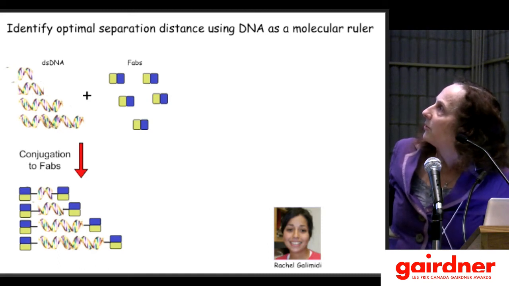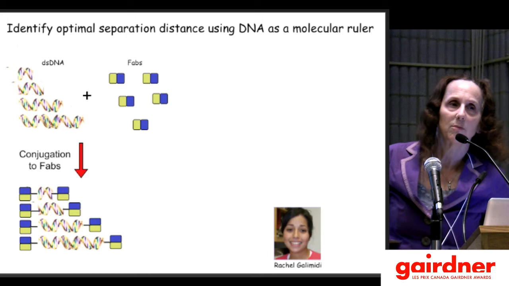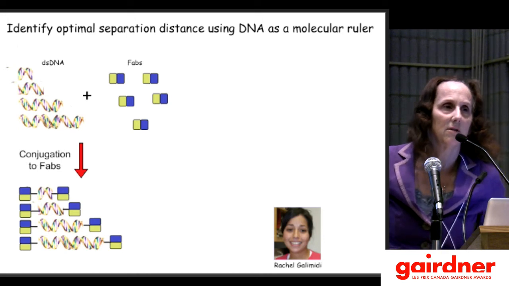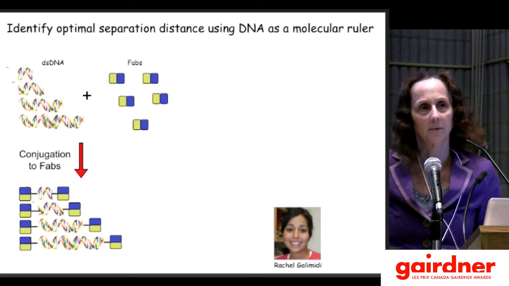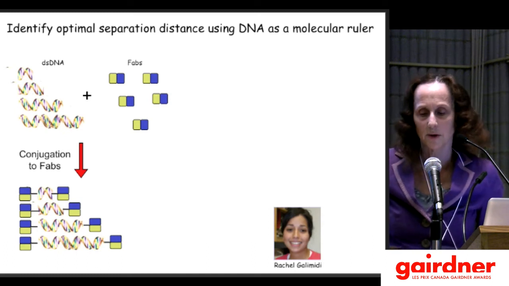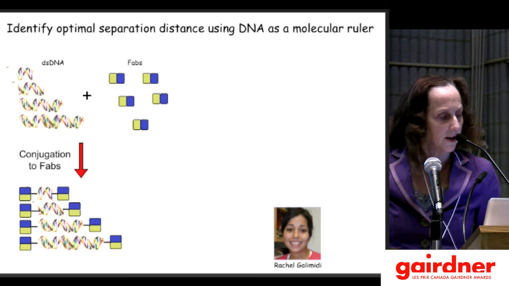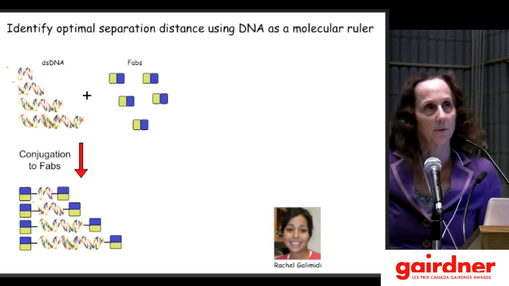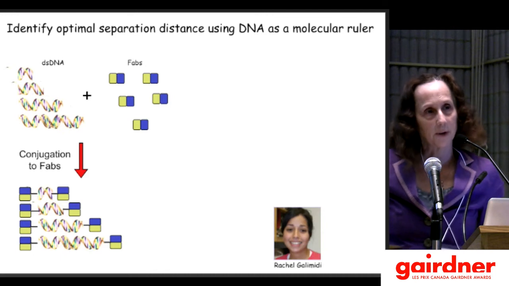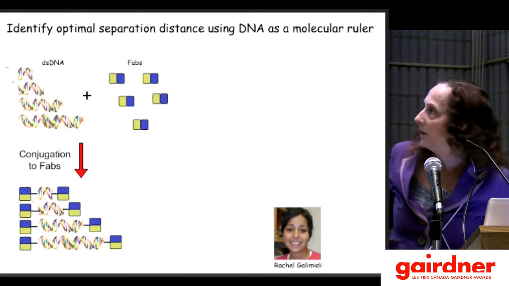So we're using double-stranded DNA as a sort of molecular ruler that has, as you may know, a relatively long persistence length that's different than extended polypeptide chains of proteins. Up to about 50 nanometers, it behaves as a relatively rigid rod that has a 3.4 angstrom per base pair spacing between the base pairs.